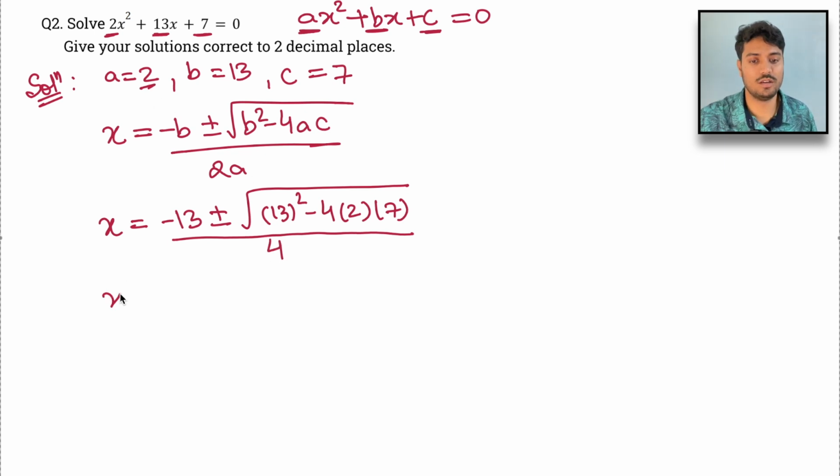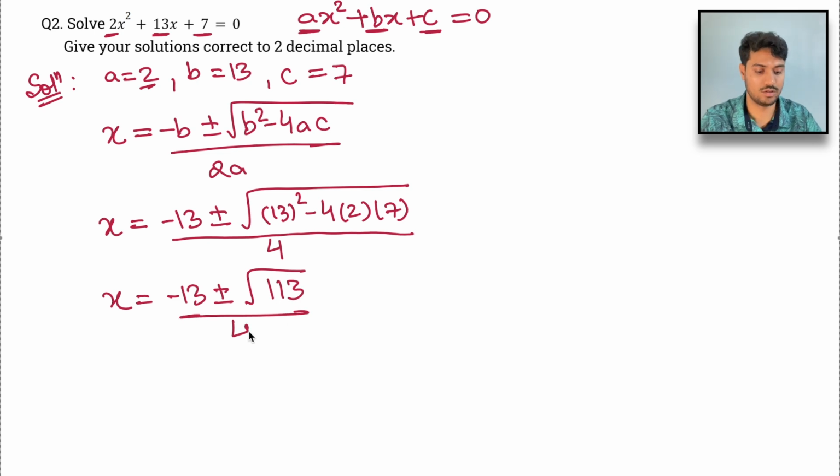So x will be minus 13 plus minus, let's do this in the calculator, 13 square is 169, minus 4 into 2 into 7, which is 113. So under root of 113 divided by 4. Okay, so now we have minus 13 plus minus root 113 upon 4.